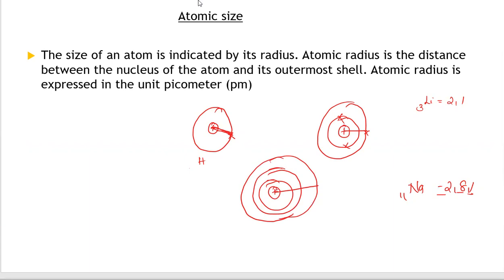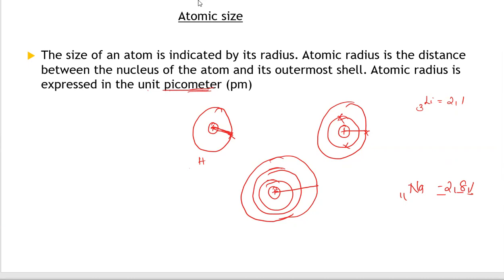Atomic size is related to atomic radius. It is the distance between the nucleus of an atom and its outermost shell. It is expressed in picometer. Okay, remember the unit also. This is called atomic size. I hope it is clear to you.